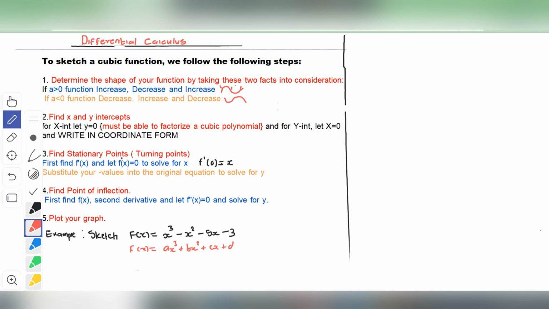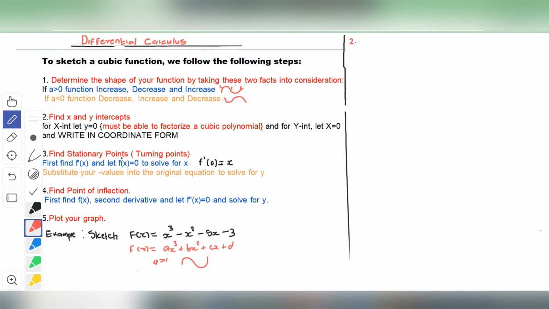So from the equation that we are given, our a is positive. So we expect our graph to look like this, whereby it increases, decreases, and also increases.